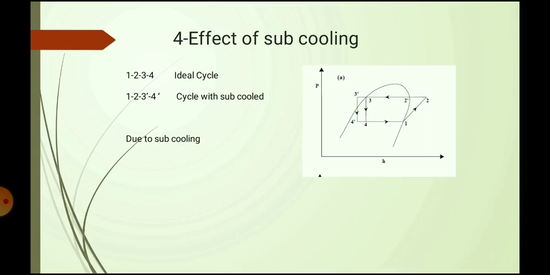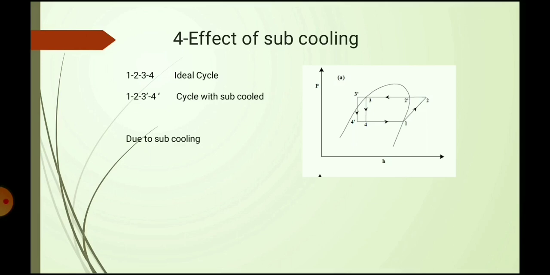There is no change for point 1 and point 2 due to subcooling. Okay, but the amount of heat rejection increases. Therefore, we have to increase the size of the condenser, so that the rate of heat rejection increases.